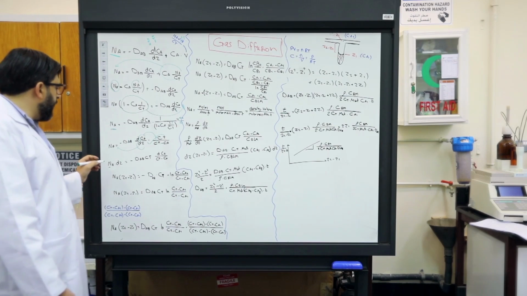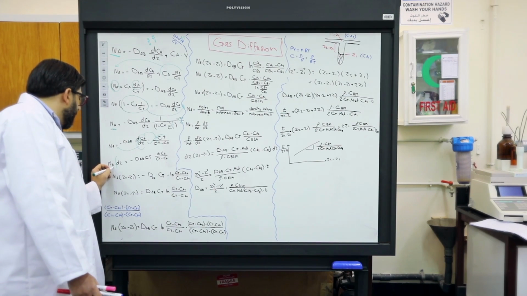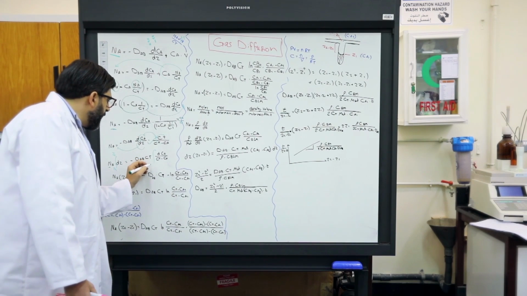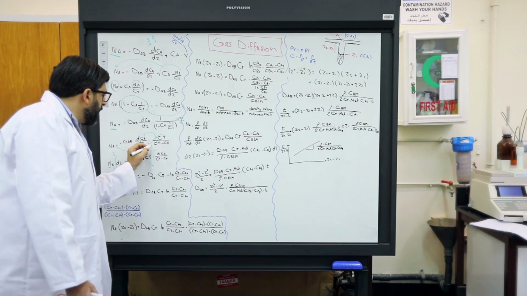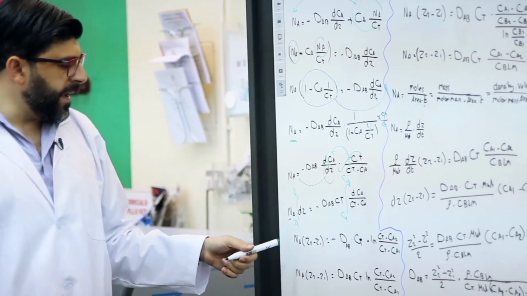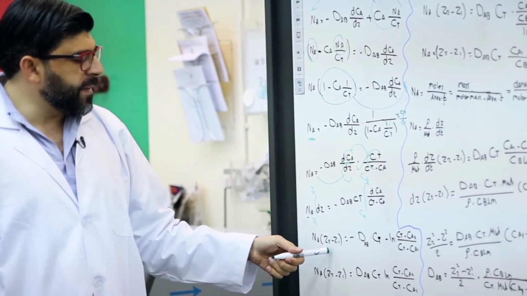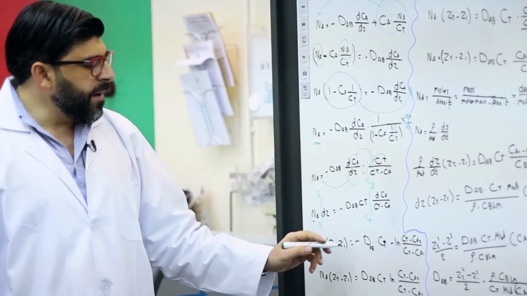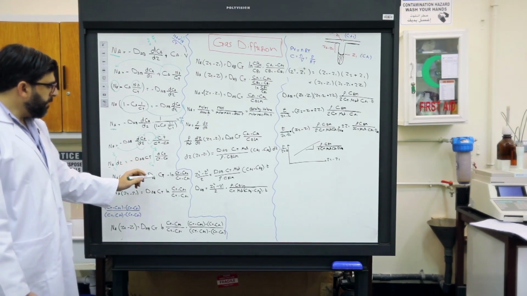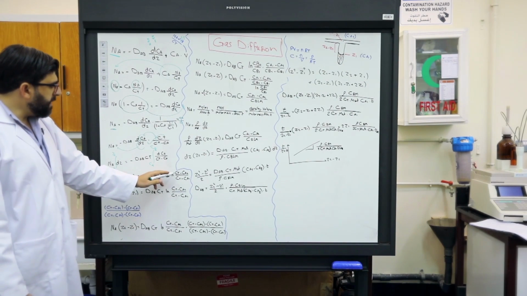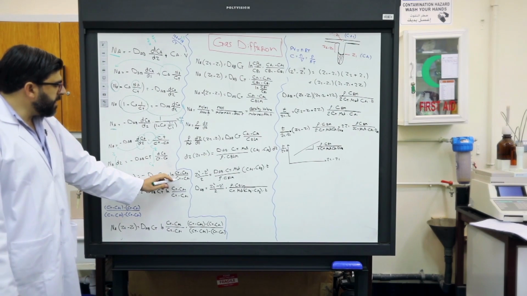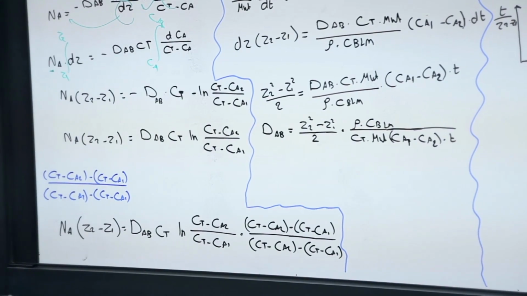Now let's integrate from Z1 to Z2 and from C_A1 to C_A2. So N_A times (Z2 minus Z1) equals minus the diffusivity of A to B times C_T times minus ln of (C_T minus C_A2) over (C_T minus C_A1).